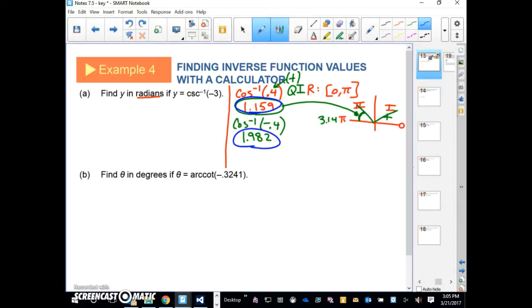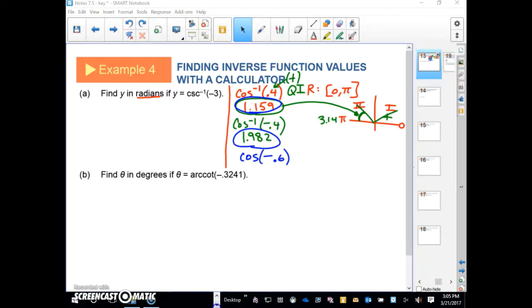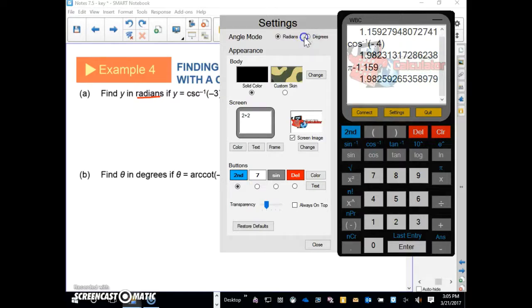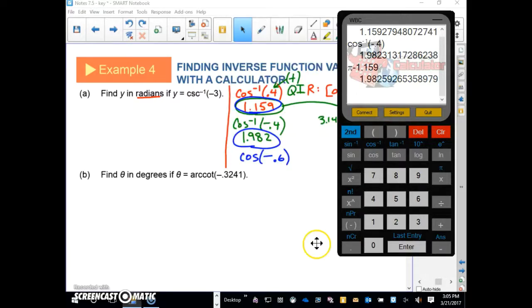Okay, so let's try one that's in degrees. If I did inverse cosine of -0.6, and I want the answer in degrees. Make sure we're in degrees. Just type it in, inverse cosine -0.6, 127 degrees or so.